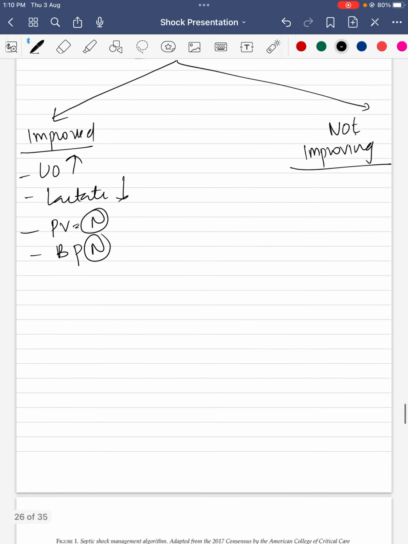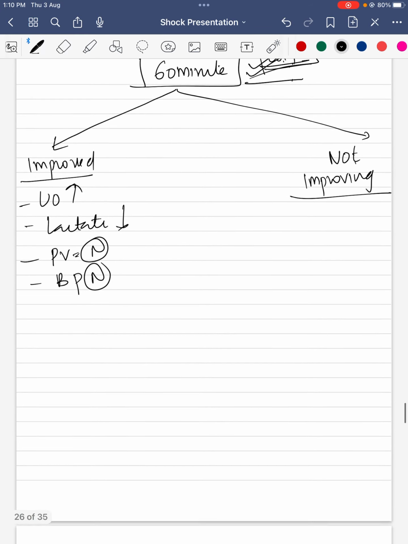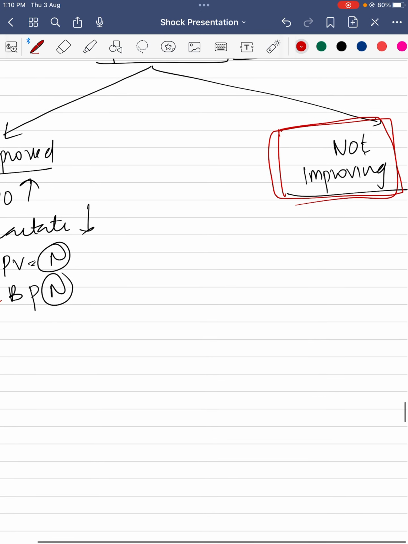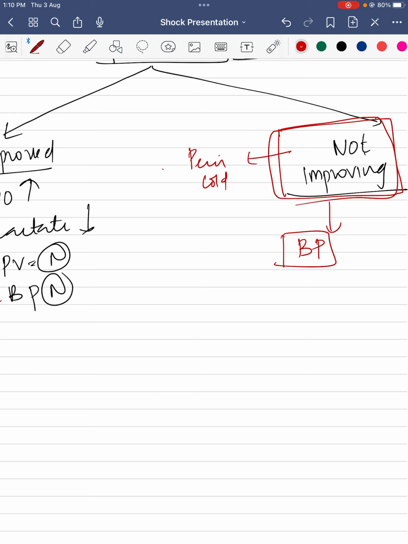So not improving, this is the problem. If it is improving, okay, well and good, but when the child is not improving, here comes the problem. Here check the BP. Not improving means periphery is still cold, urine output is low, pulse volume low.